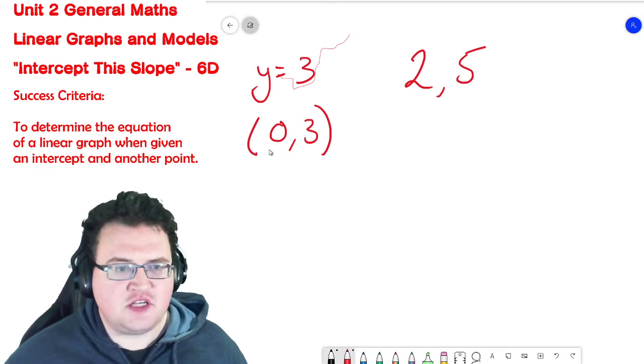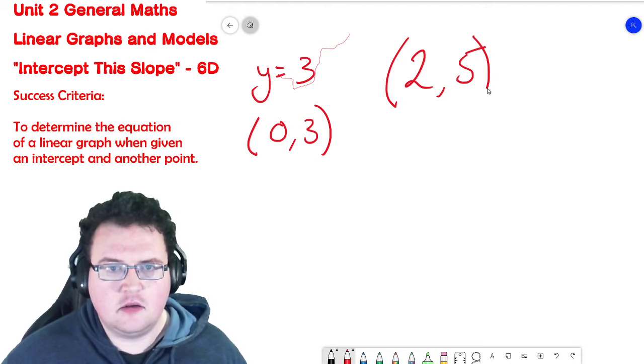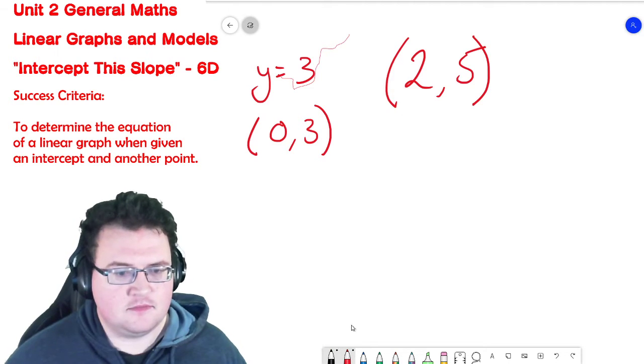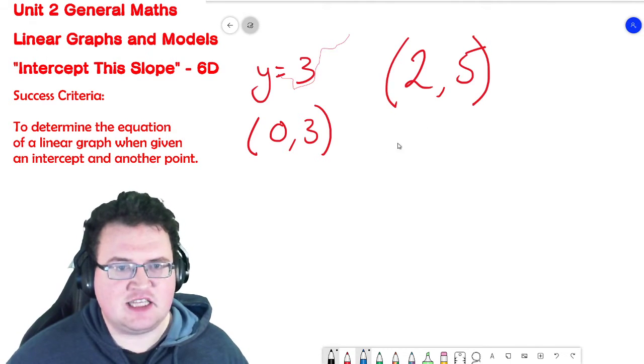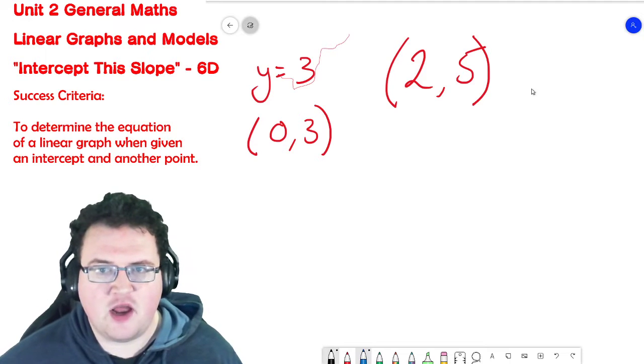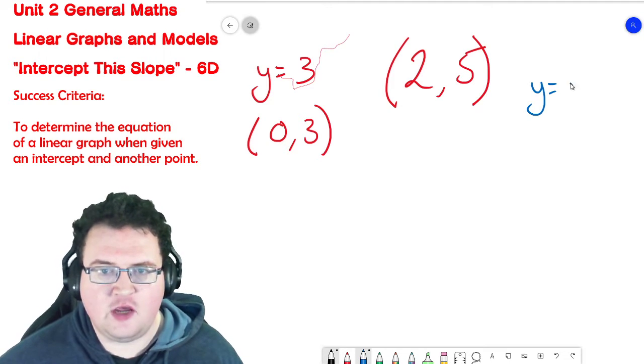So if I know this point here, and I know this point here, I can figure out the gradient that links these 2 points. I have my equation over here, y equals a plus bx.